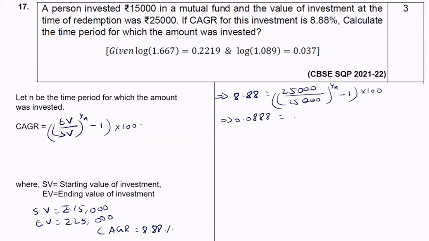When we simplify, we will get it as 1.667 the whole raised to 1 by n minus 1. So it is 1.0888. It is equal to 1.667 the whole raised to 1 by n. Let us take this as 1.089.